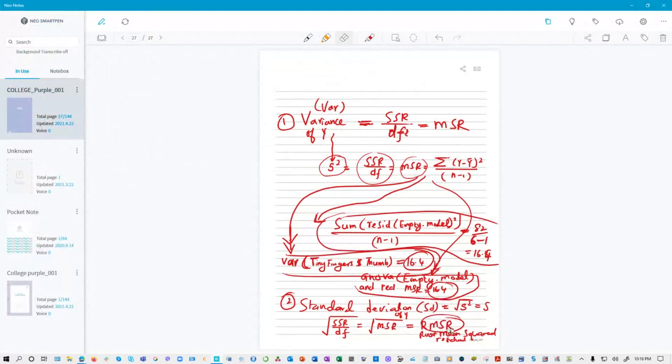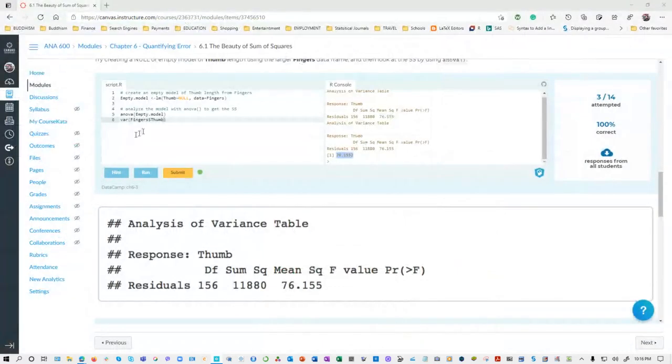If you're going to call that root mean squared residual, it means the same thing. Standard deviation means you take the square root of the variance. Now I'm going to take the SQRT on this one.